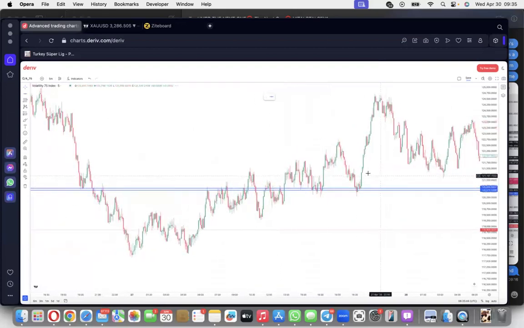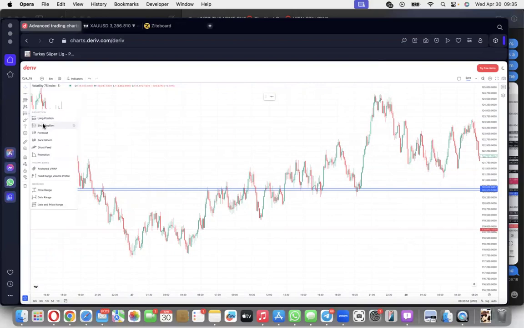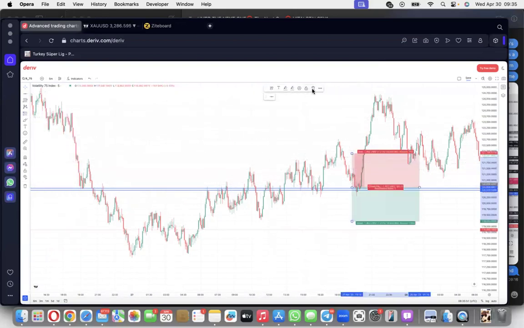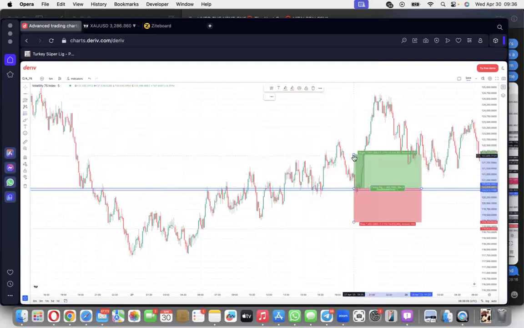This is exactly my entry. Here was exactly my entry, all the way up there. My target was just to take out this high, but it went further.